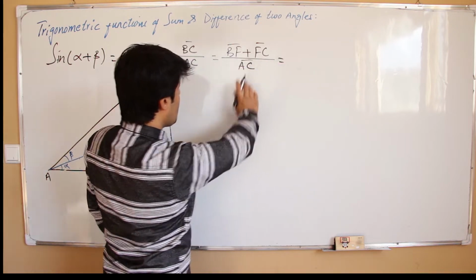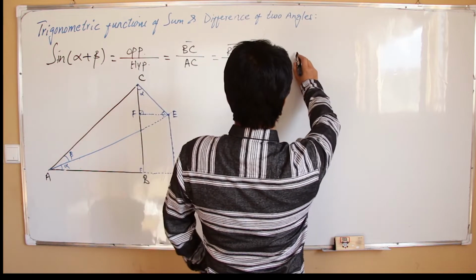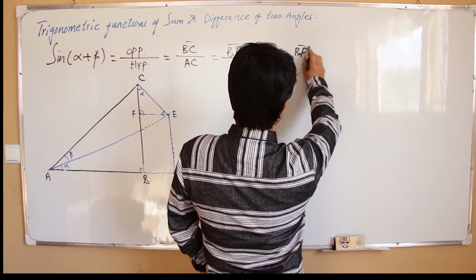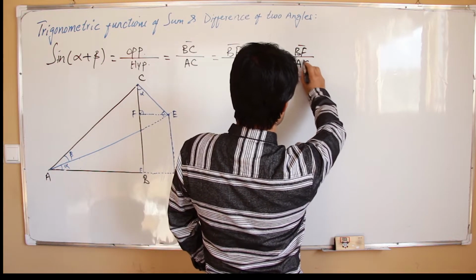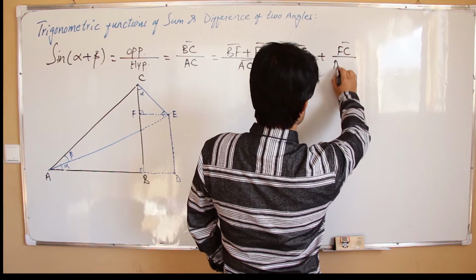According to the ratio law, we can write BF divided by AC and FC divided by AC.